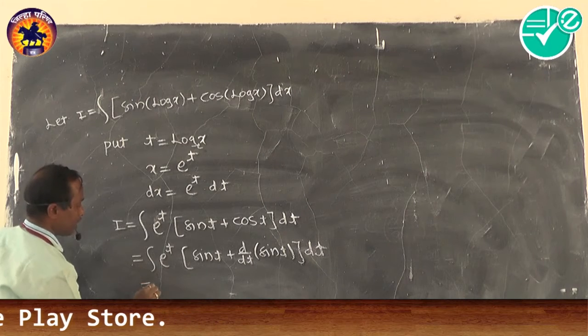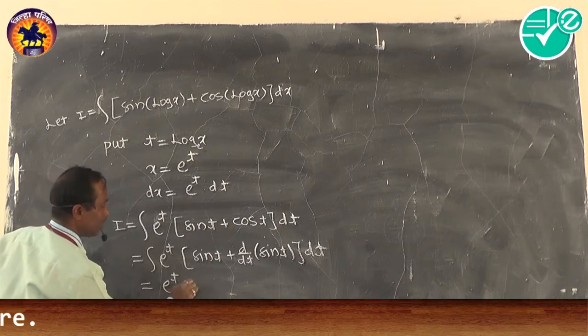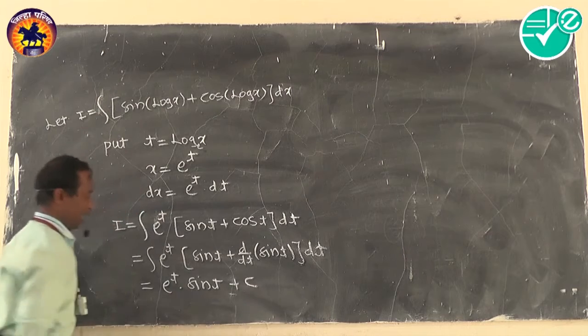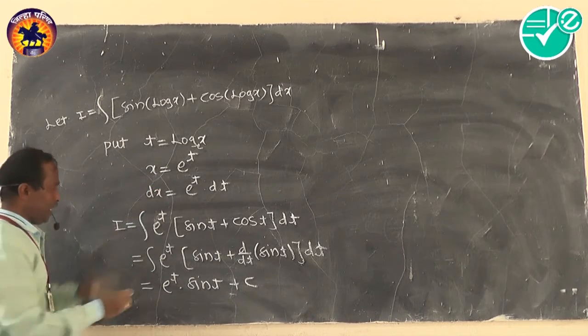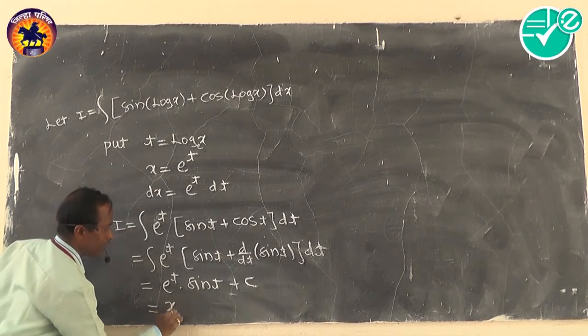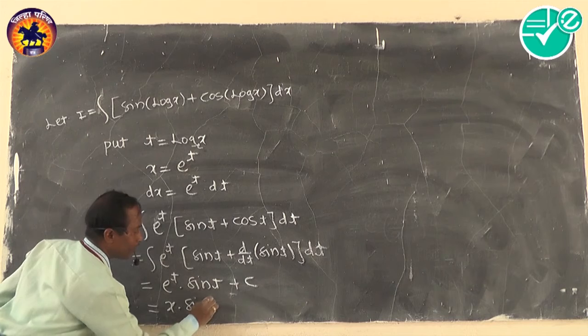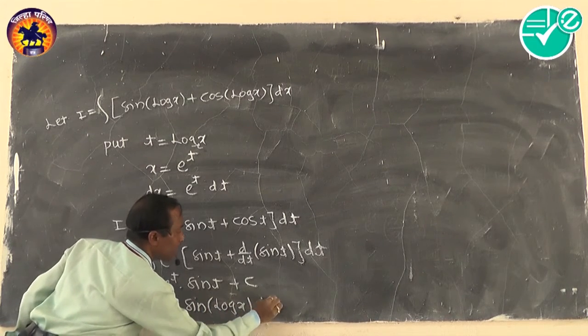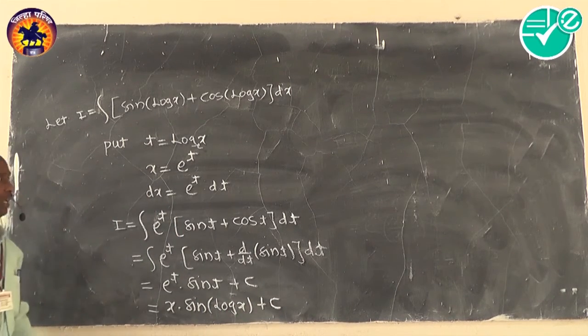We get e raised to t into sin t plus c. And what is the value of e raised to t? x. So we get x into sine of log x plus c. So this is the integration of this function.